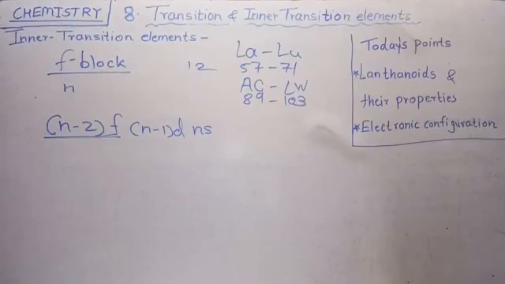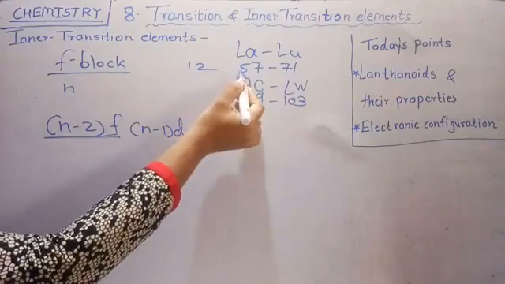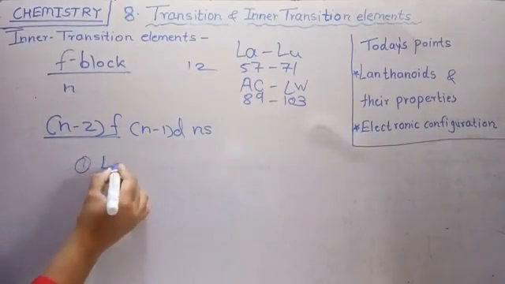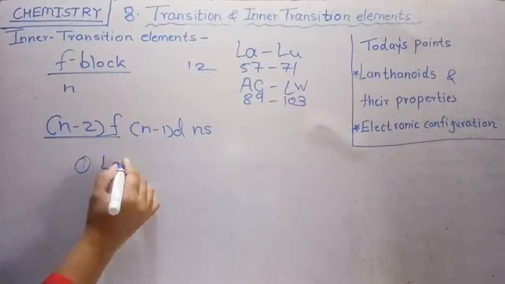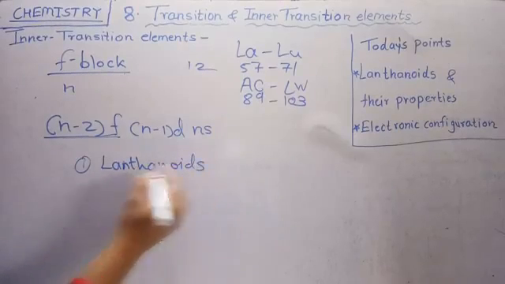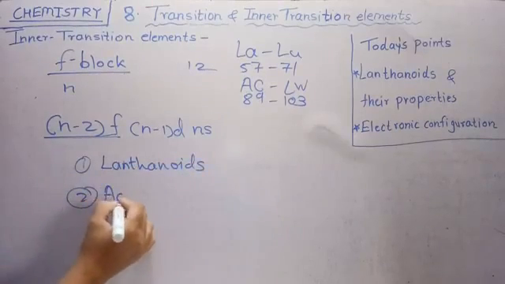In the f block, there is the first series followed by lanthanum. The first series is called the lanthanoids, and the second series is called the actinoids.